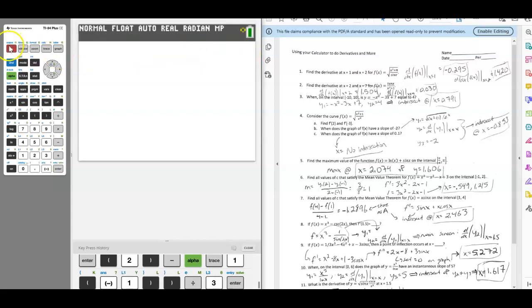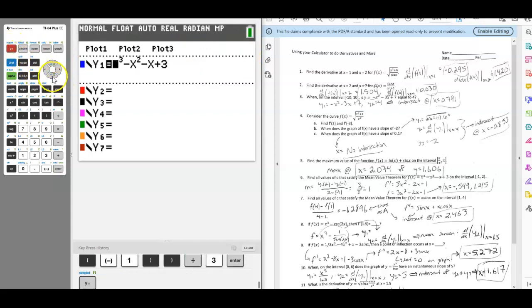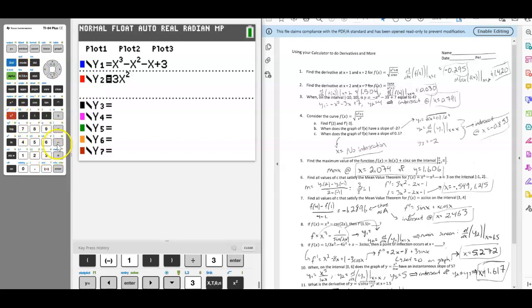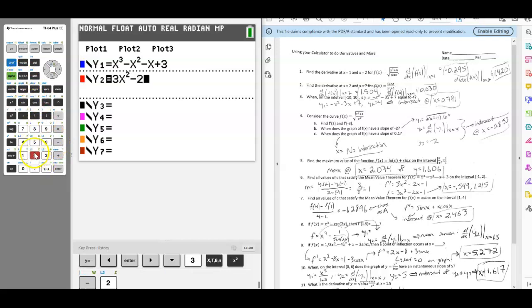So here's my 1. I'm going to go back to my y equals screen. I'm going to turn this one off by going over and highlighting that equal sign and hitting enter. And I come down here. I'm going to type in the derivative of that thing. The derivative is 3x squared minus 2x minus 1.